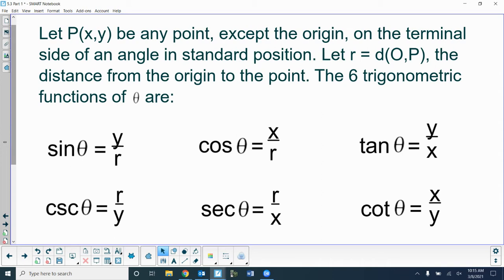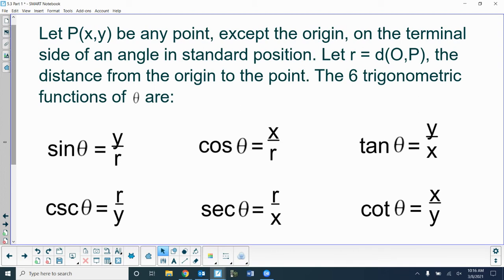X will still be the adjacent side, just like last week. That x value from your point ends up being the length of the adjacent side. And again, r is our hypotenuse, and r is always going to be a positive number. The x and the y might be negative this week. That's okay, but the r, the hypotenuse, will always be positive.